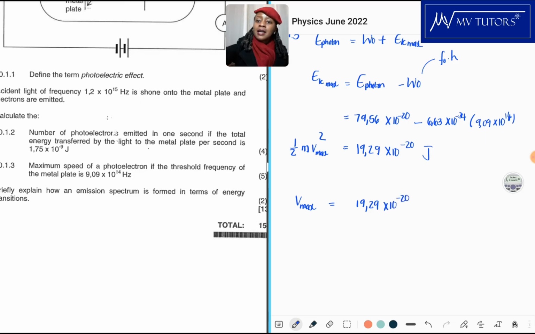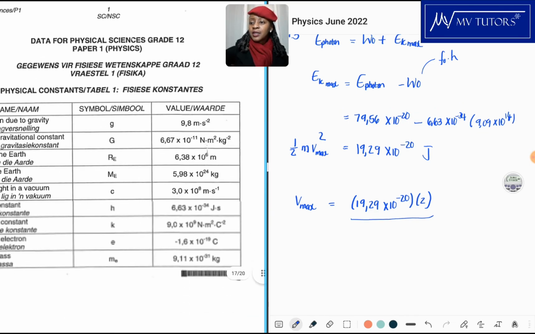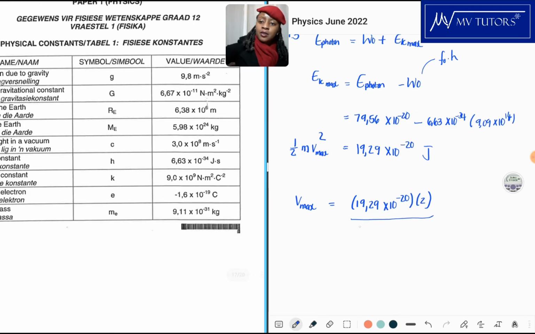I'm multiplying that by 2, because if I take half to the other side, it becomes a 2, and I am dividing it by the mass of an electron. What is the mass of an electron again? It is 9,11 times 10 to the power negative 31. And then all of this is rooted, because remember we had V squared.